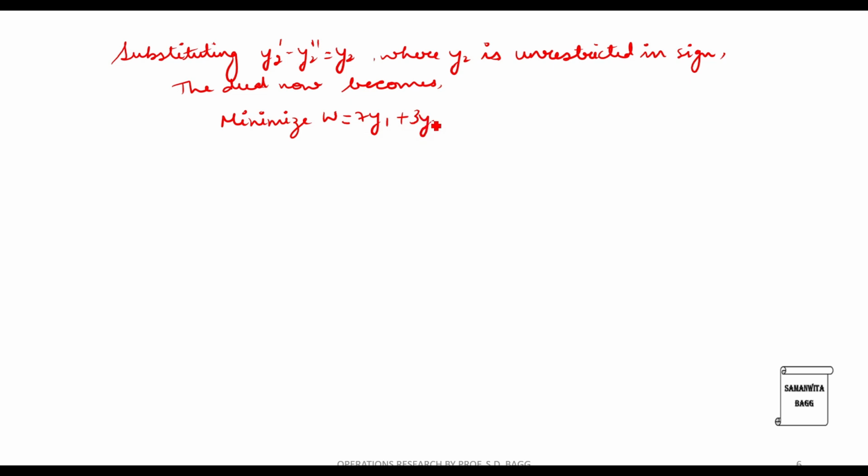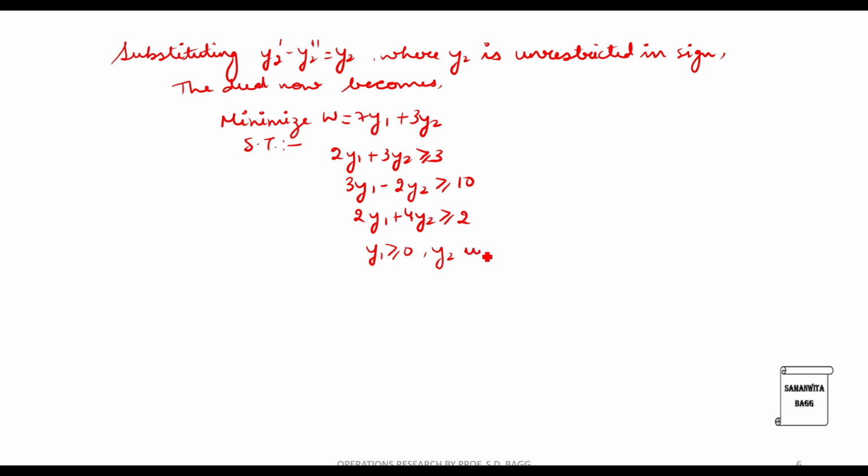I'm just substituting y2 dash minus y2 double dash with y2. It is subject to the constraints, so you can see I have written both of them, and lastly I'll write y1 ≥ 0 and y2 unrestricted in sign. So this now becomes the solution of the problem.